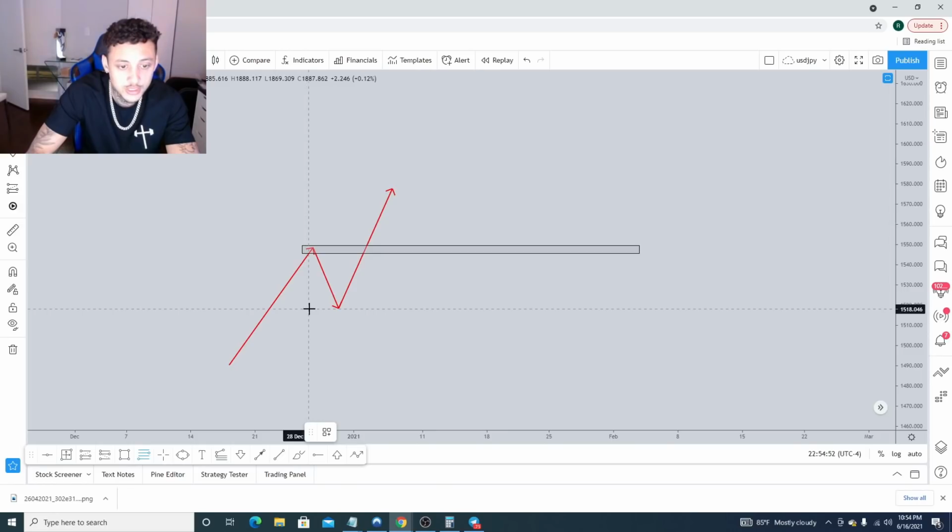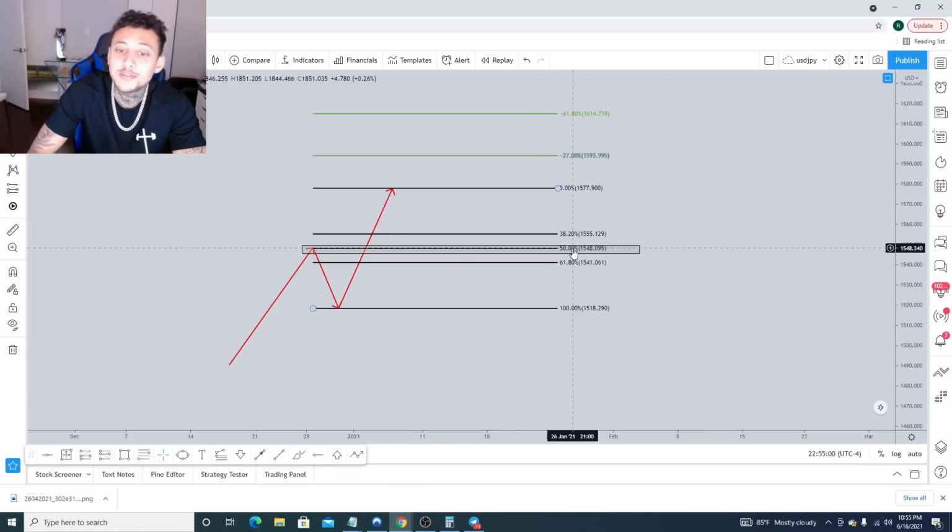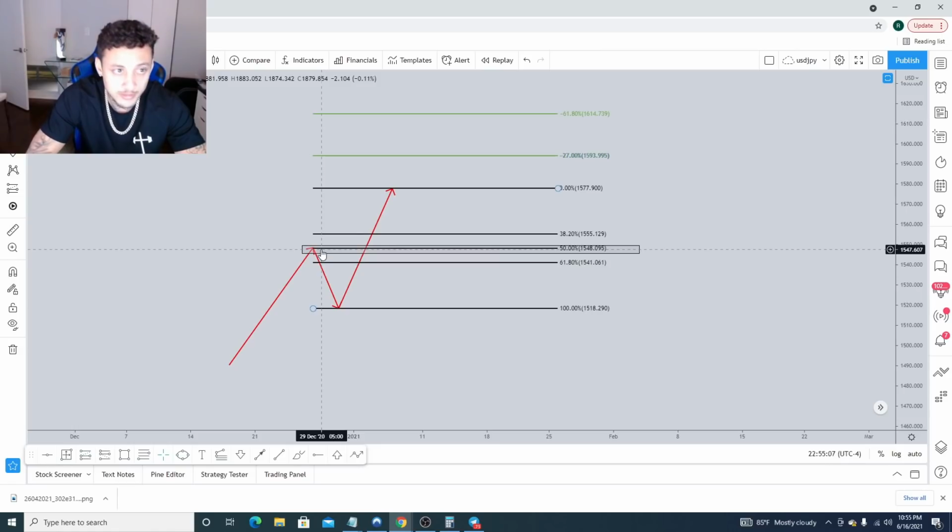In this situation, you're going to use your Fib tool from a point A to a point B to look to continue where you could potentially buy. Now, you see that the 50% is within the supply and demand zone, right? So what you're doing at this point in time is you're building confluence. You're starting to add the probabilities to your favor.